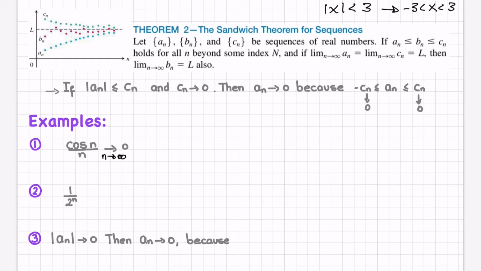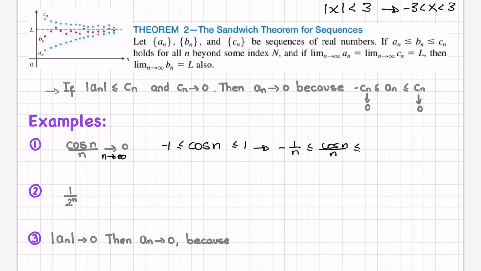But come on, this is easy, because you know that cosine n, no matter what n is, is always between -1 and 1. Now the n's we're dealing with are positive numbers, so it is okay to divide everything by n. It will not change the inequality because n is positive.